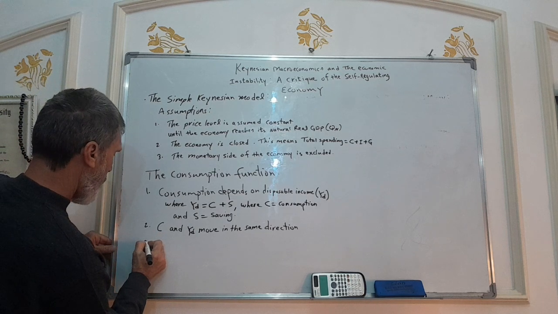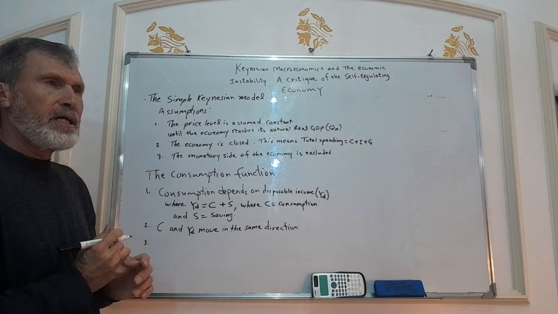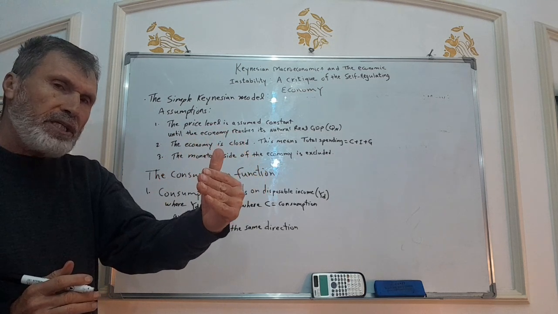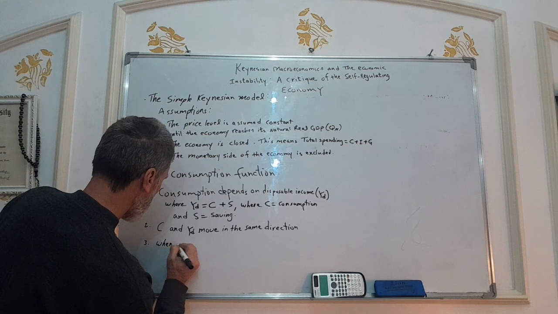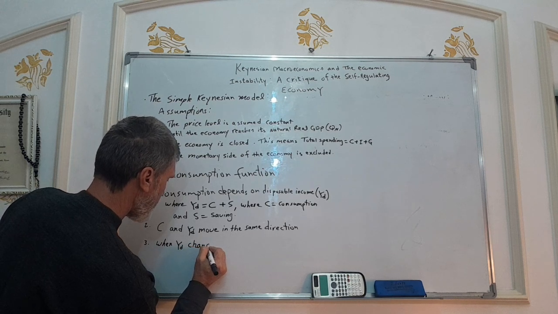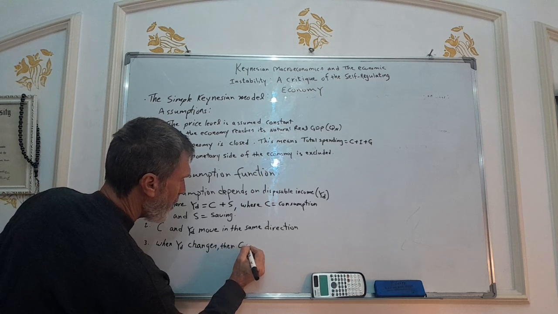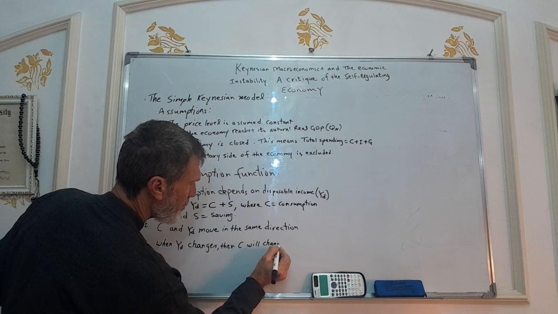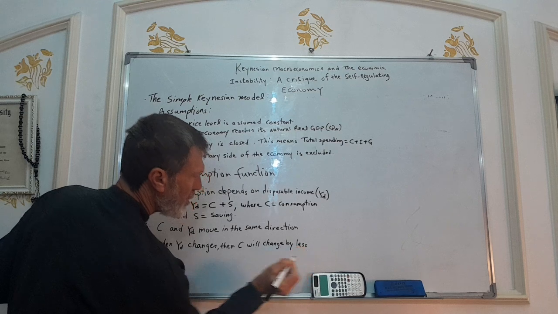The third point he made is that when YD changes, C will change by less. Why?